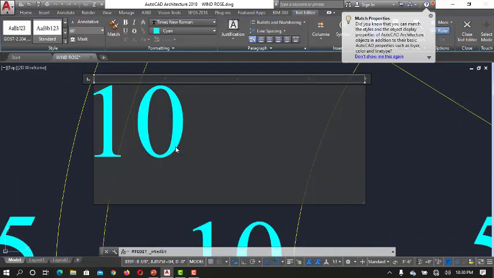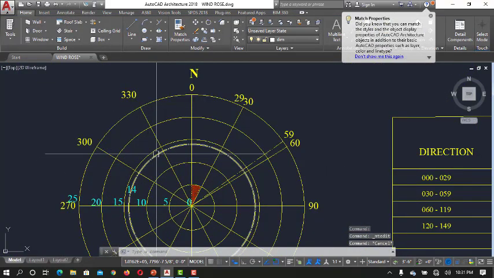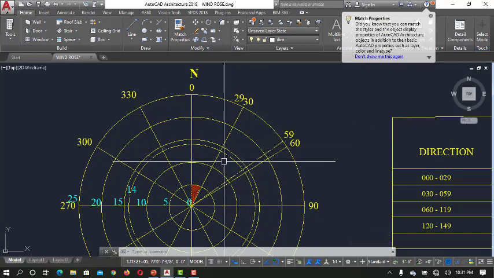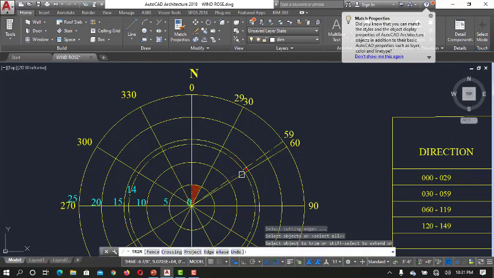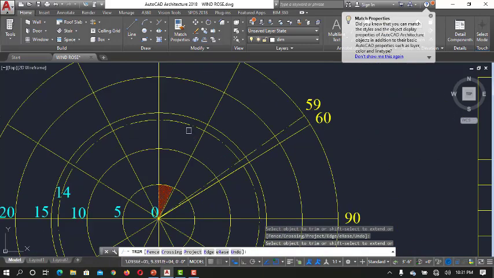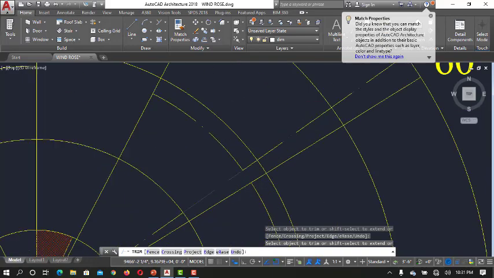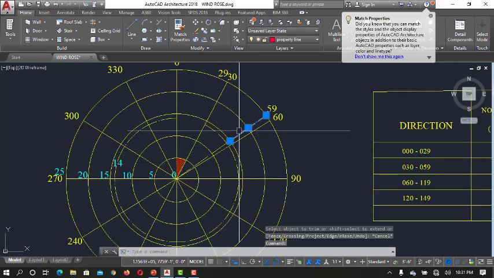We'll trim over here, and it was 59, so I'll trim here as well. Now you're supposed to delete the extra part. Hope things are pretty clear with you. And you will delete the in-between part as well.